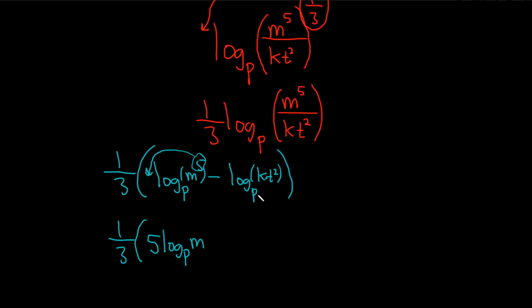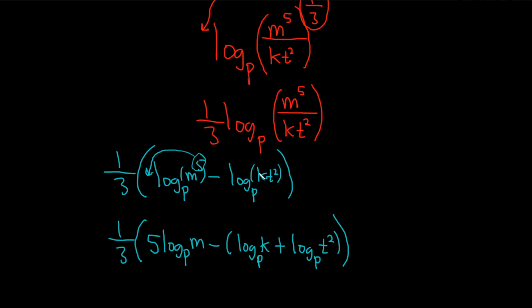And so remember that multiplication turns into addition. That's one of the rules. It's called the product rule. So this log is going to become 2 log. So I'm going to put a parentheses here. So this is log base p of k plus, and then log base p of t squared, just like that.